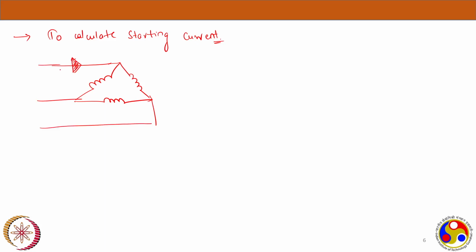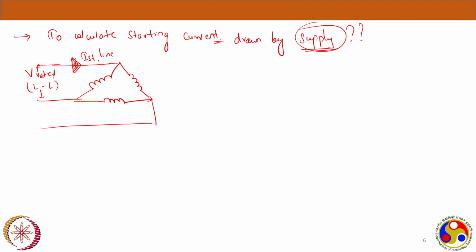In all cases we need to calculate how much starting current it is drawing from the supply, right? That is the goal. So this is the supply. Here I am giving the rated line to line voltage, and this is the starting current drawn from the line, right?